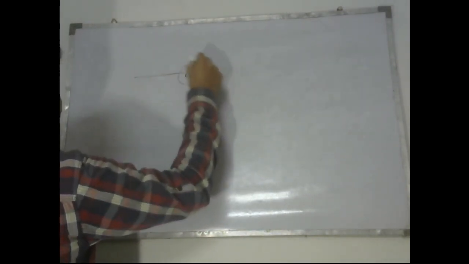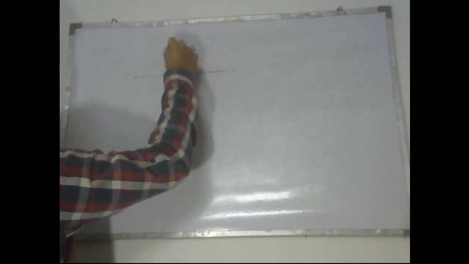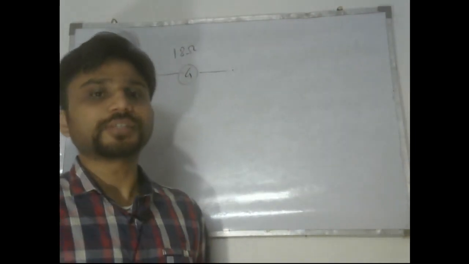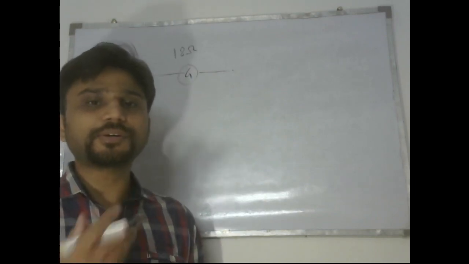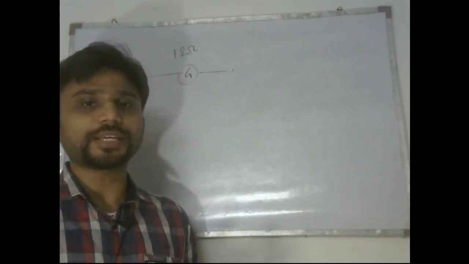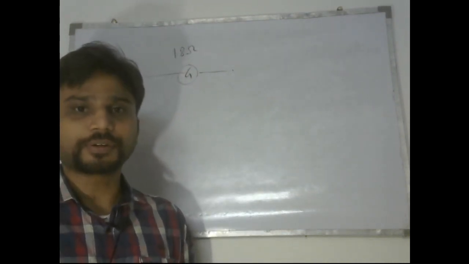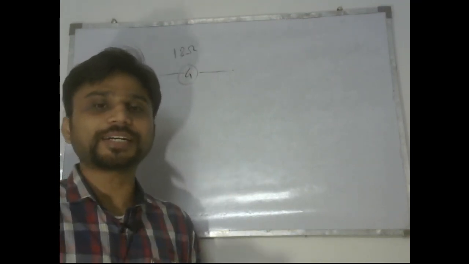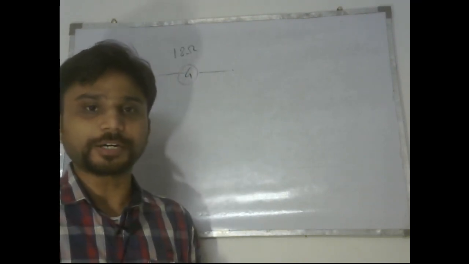So let's say this is our galvanometer, and it is of 18 ohm resistance. Now usually when we are solving questions on galvanometers, it is understood that a constant current, or some fixed amount of current, is being supplied to the galvanometer, or some fixed voltage, and the measurements are being taken at the same current.